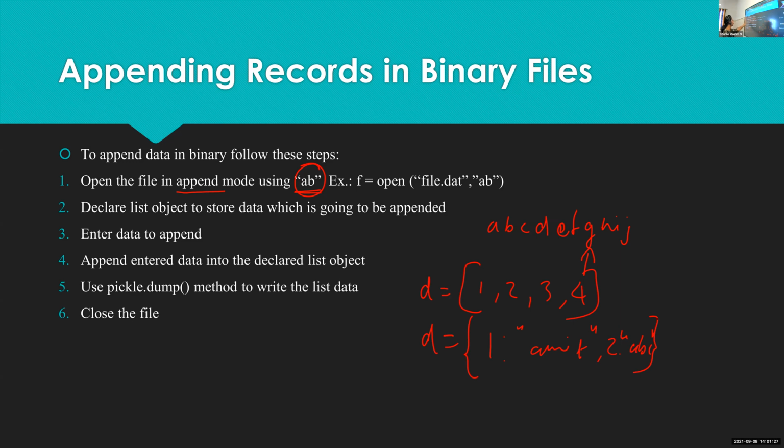That is the second point: declare a list object or dictionary object to store data which is going to be appended. First open the file in append mode. After that, declare a list object to store the data to be appended.